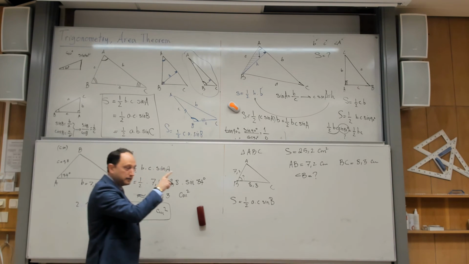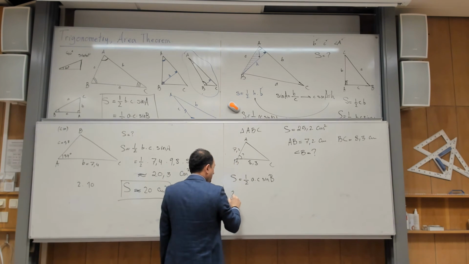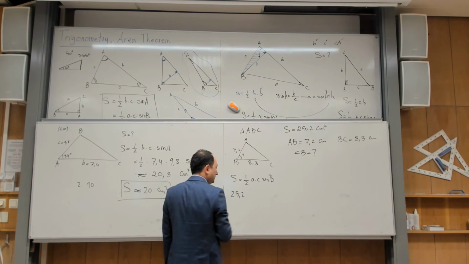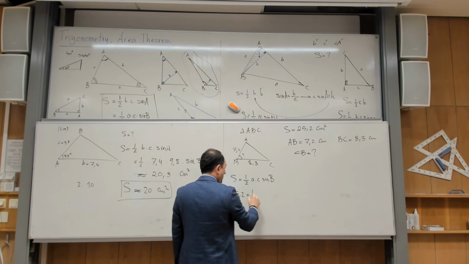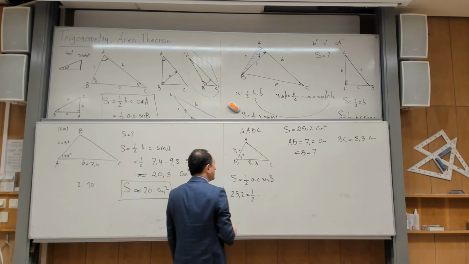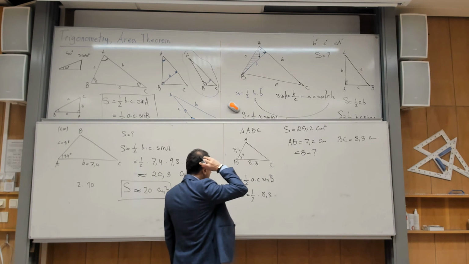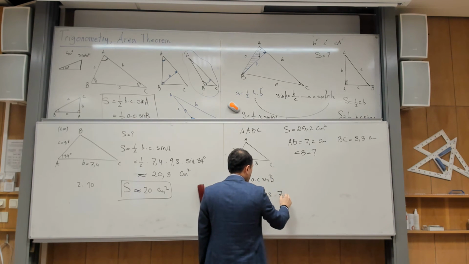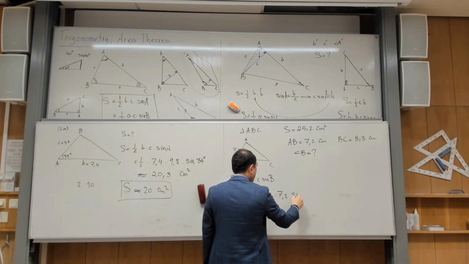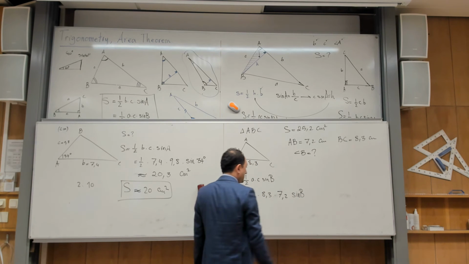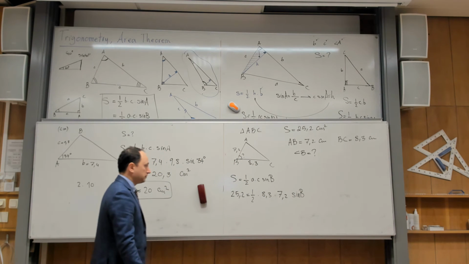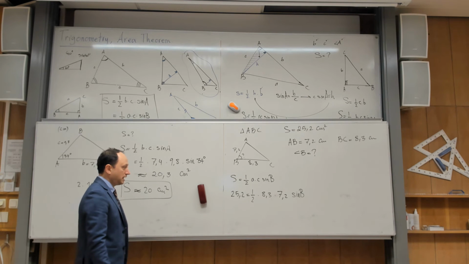But S is given: 25.2 is equal to 1/2, A is also given 8.3, C is also given 7.2, but angle B is not given. So I don't know sine of B. But I can do the rest of the calculation.